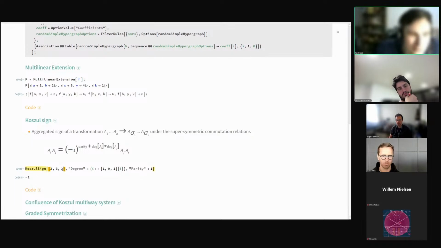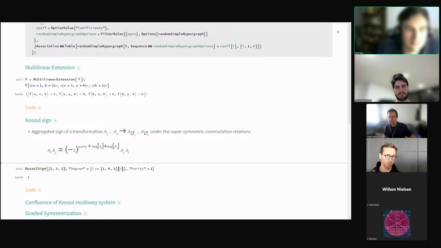Because you have to permute this 1 to the front, which means that you do two transpositions. Each of them is giving you, because we have parity 1, sign -1, so it is canceling. So from the permutation part, you are getting just 1. But here the element 1 has degree 1, element 2 has degree 0, and element 3 has degree 1. So you are getting an additional sign from this term when you are permuting element 1 over element 3. So in this permutation, you are getting minus. That's why it's minus.